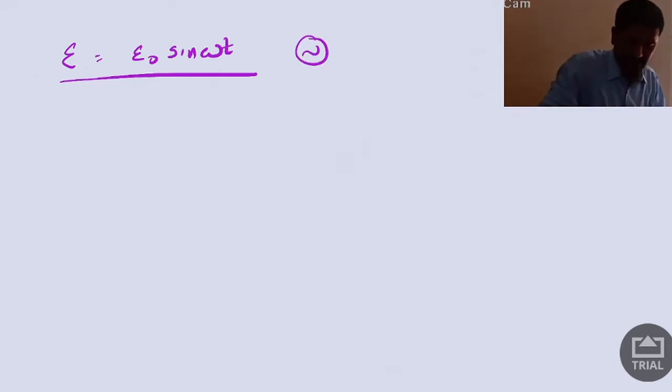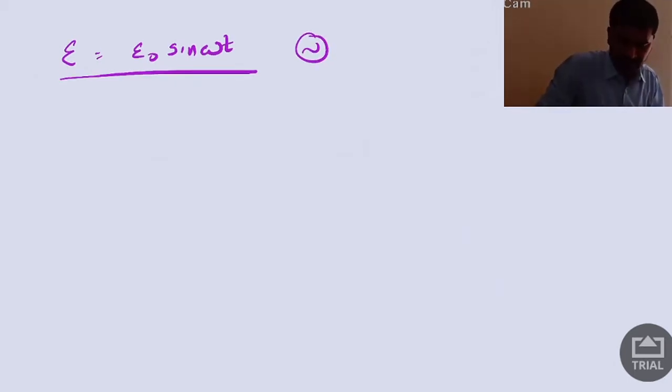Now I am connecting this to a resistor. When I connect this to a resistor, what will be the current in the circuit? Let us see. The symbol for this supply is this. Now I am connecting that to a resistor.